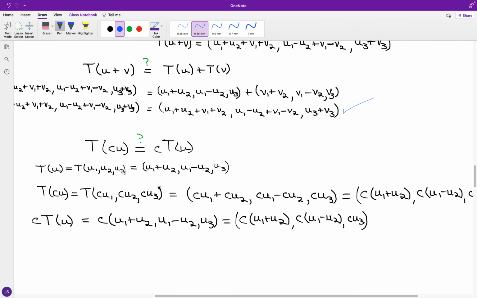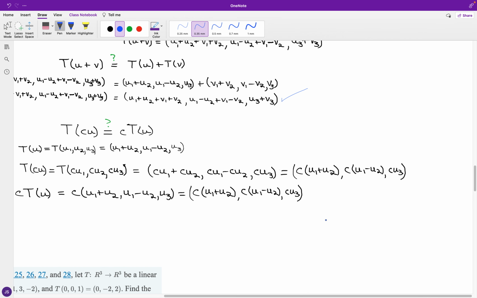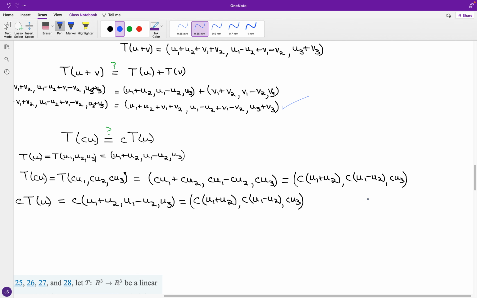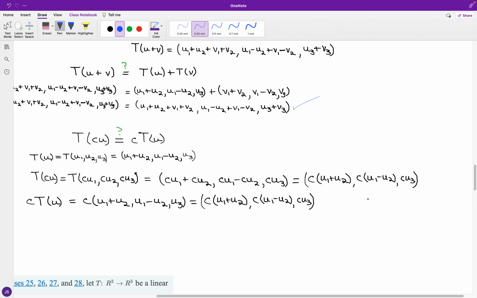Then I have c u sub 3, and then just condensing, factoring out c, I have c times the quantity of u sub 1 plus u sub 2, then c times the quantity of u sub 1 minus u sub 2, followed by c u sub 3.